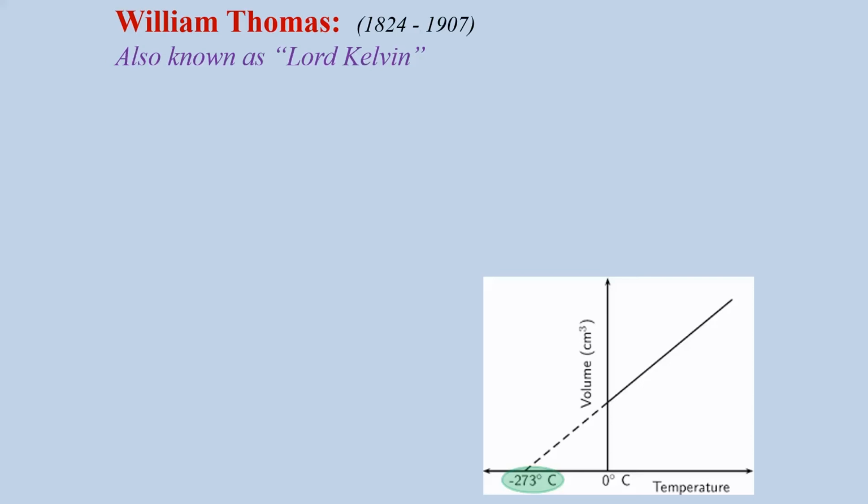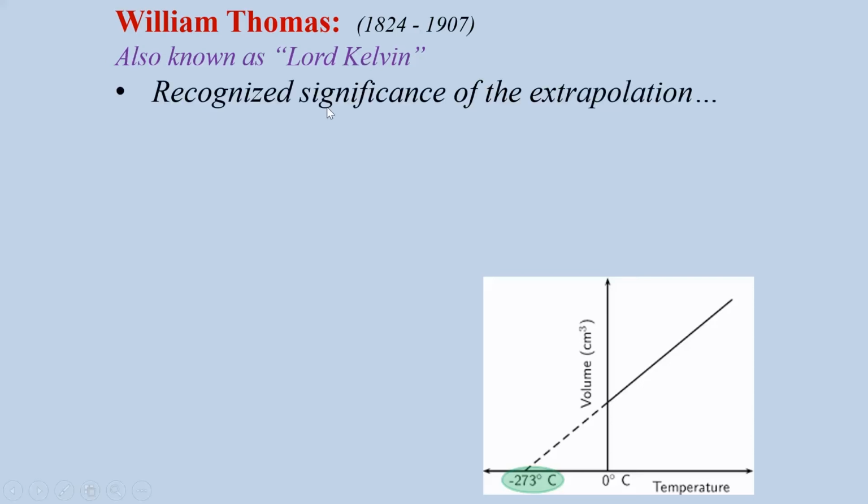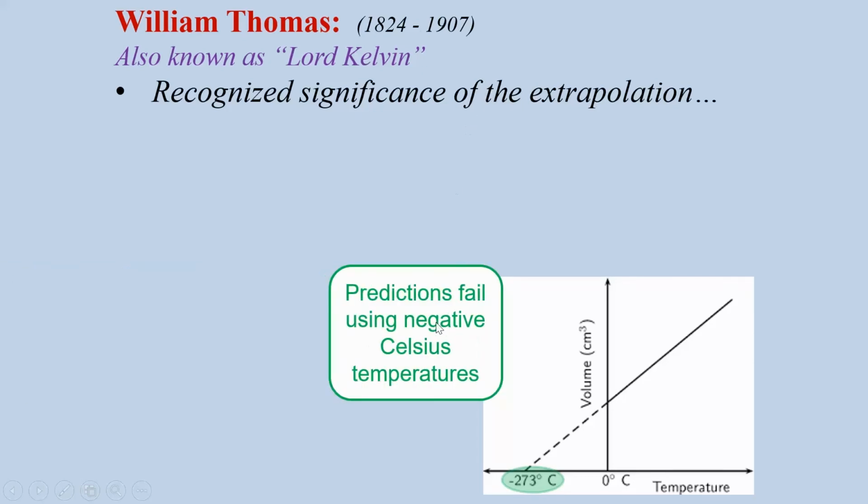We have a nice scientific name in our building, and he recognized the significance of what Jacques Charles did. He noticed that predictions fail in the negative Celsius temperatures. This value of negative 273 degrees Celsius is where all these predictions of temperature and volume stopped working, and it crossed into a weird thing where you'd get negative volume, and negative volume doesn't really make sense.